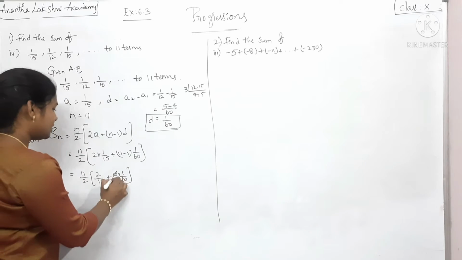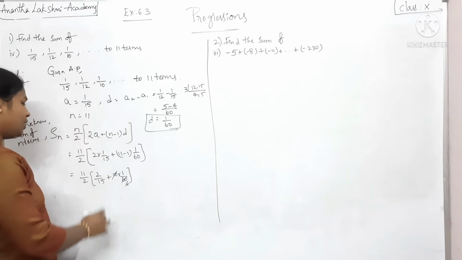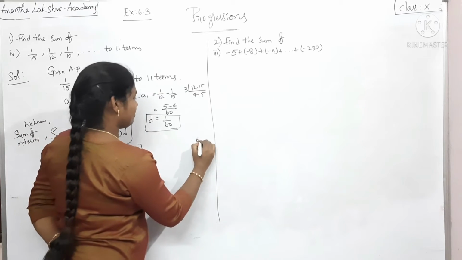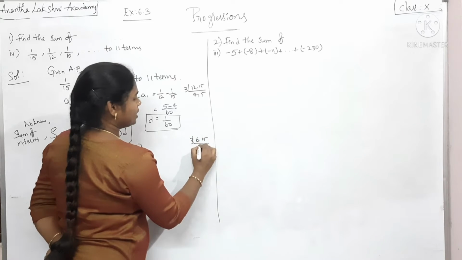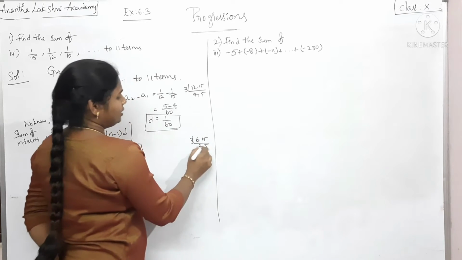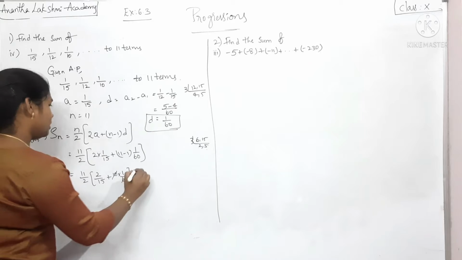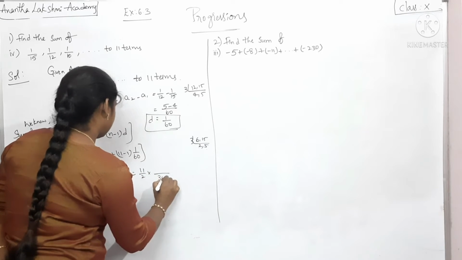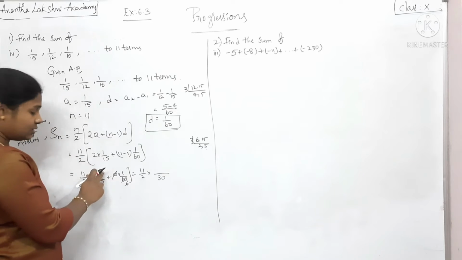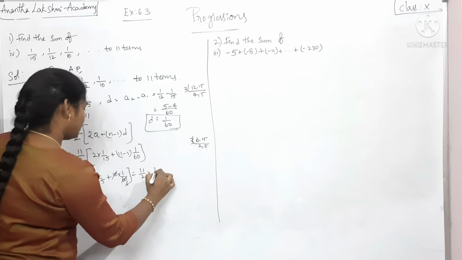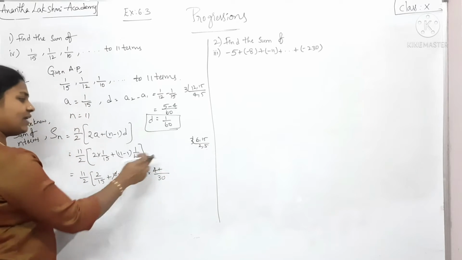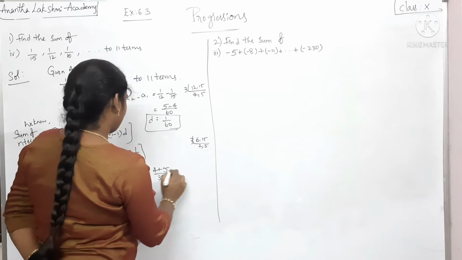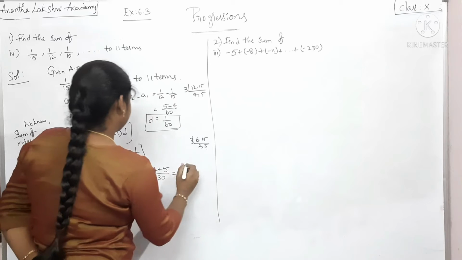So this is 2 by 15 plus 1 by 6. Again, take the LCM of 6 and 15, which is 30. So this is 11 by 2 into, with denominator 30, 15 twos are 30, so 2 twos are 4, plus 6 fives are 30, so 5. So this is 5 plus 4, which is 9.